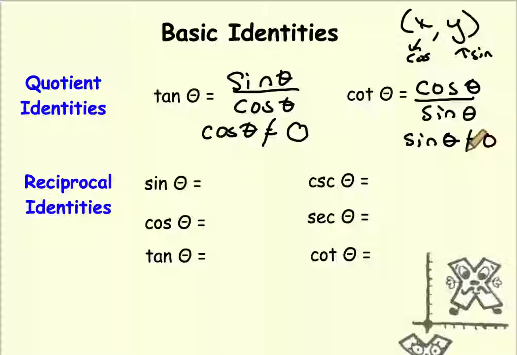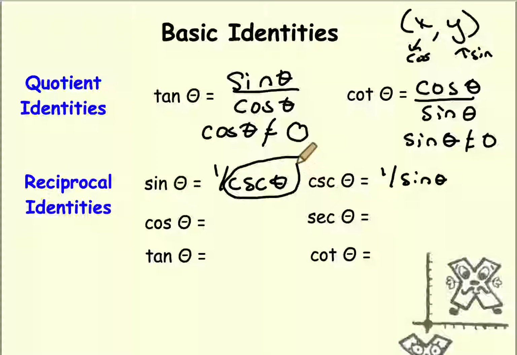Then we have our reciprocal identities, which I believe we're very familiar with. Sine is the reciprocal of cosecant. Remember the catch is that whatever is in the denominator can't be equal to 0. So cosecant can't be equal to 0, sine can't be equal to 0.